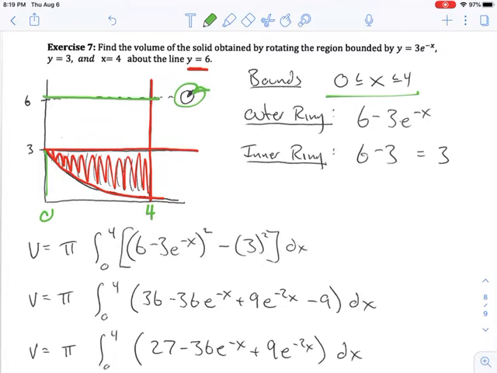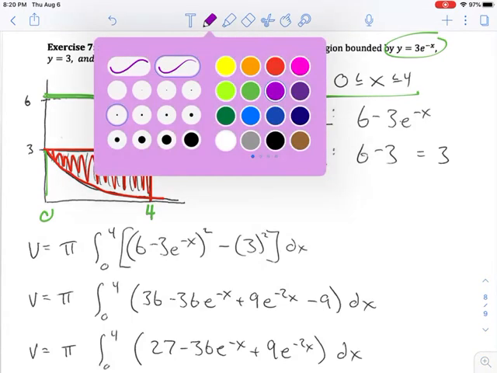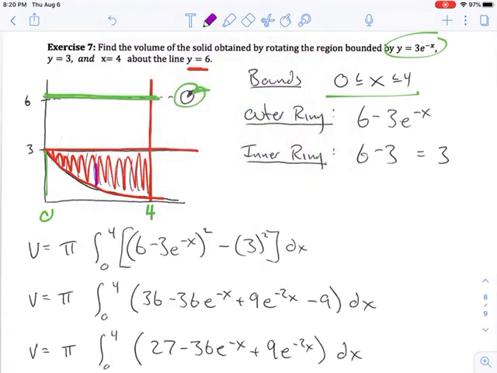And so I have always said the function that is farthest away from the axis of rotation is the outer ring. Well, 3e to the negative x is the furthest away from the axis of rotation, which is up here. But what we want is this distance from here to here.